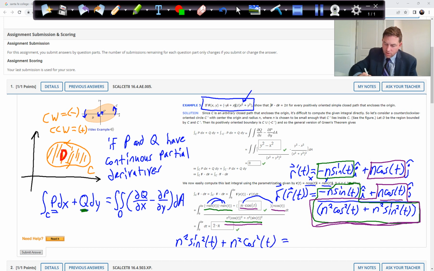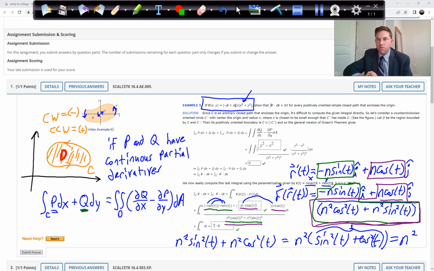But we can factor out an n squared, and that would leave sine squared t plus cosine squared t, which is just 1, so this is n squared. We've seen this many times in this course: sine squared of anything plus cosine squared of the same argument is 1. So the numerator is n squared.